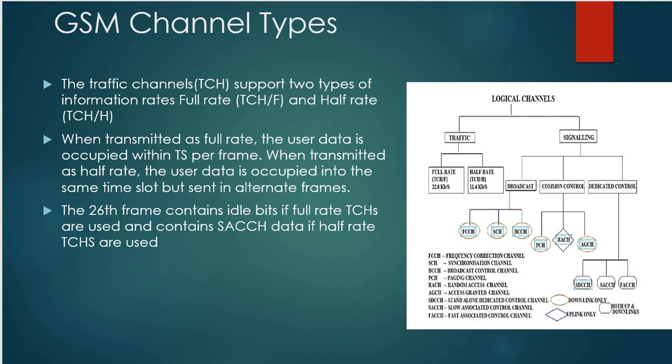This is the slow associated control channel. And TCH means the traffic channel. So the SACCH is controlled by the TCH. Slow associated control channel.